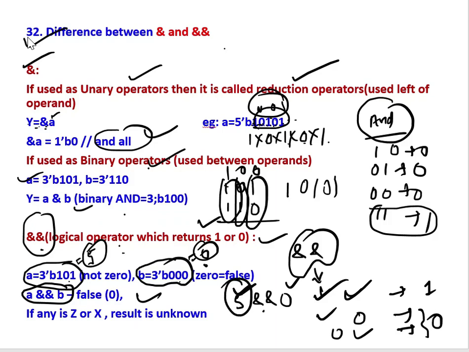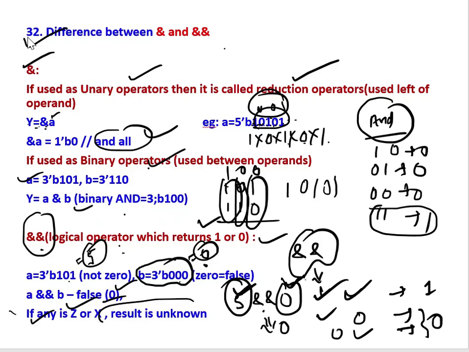This one is true but this one is false, so this will give you 0. If any one is false, then the double ampersand will give you 0. So a double and b will give you 0 or false. If the value of any operand is z or x, then the result is unknown.